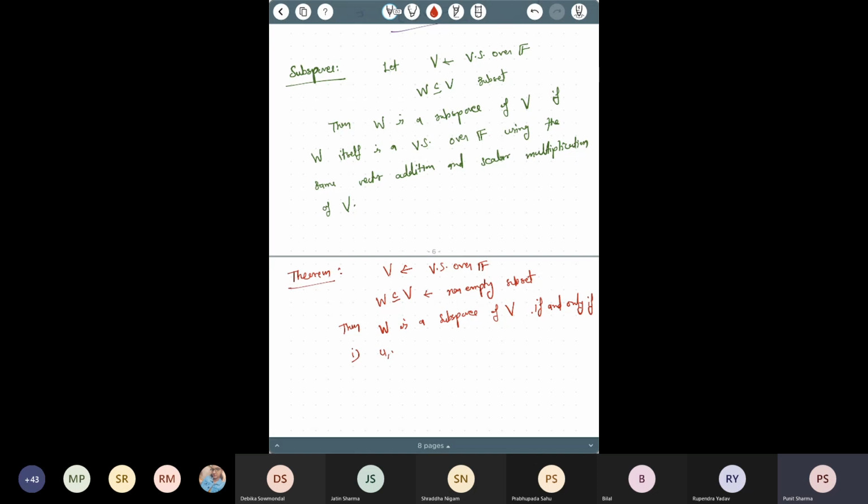First, W is closed under vector addition: if you take any two elements u and v in W, then u plus v is also in W. Similarly, it is closed under scalar multiplication: if you take any scalar alpha and any element u in W, then alpha u also belongs to W.